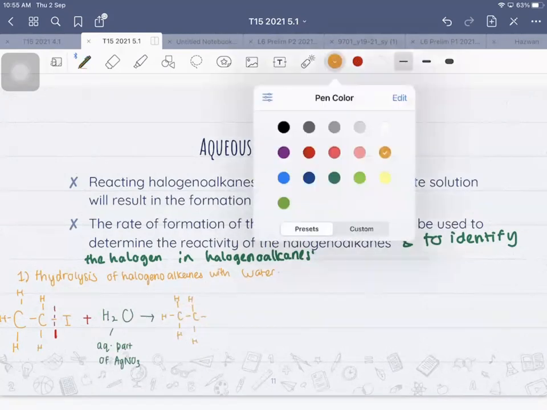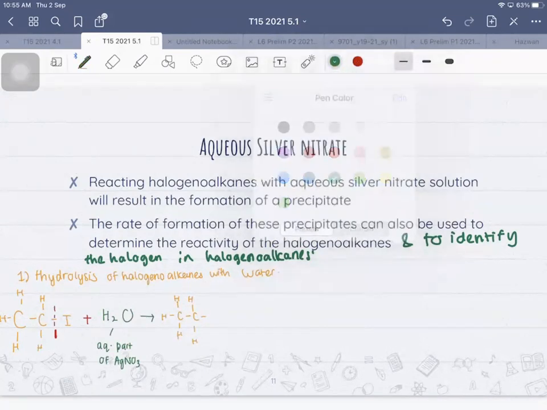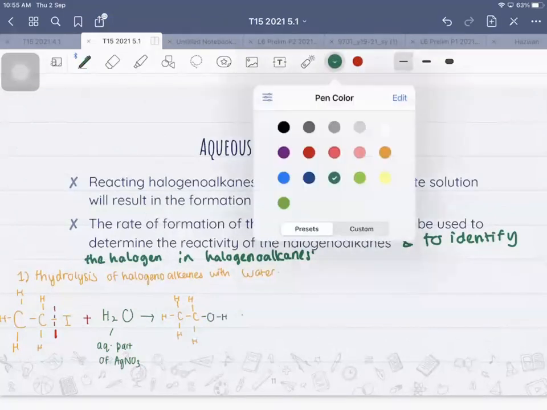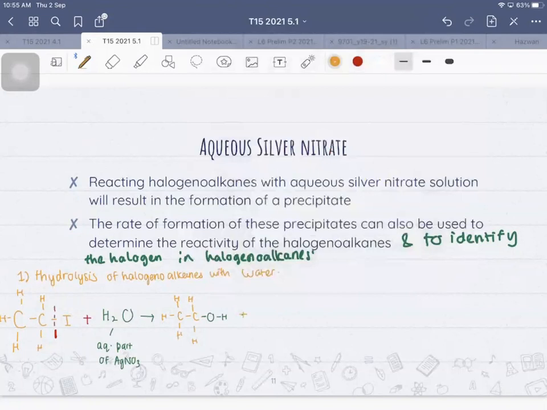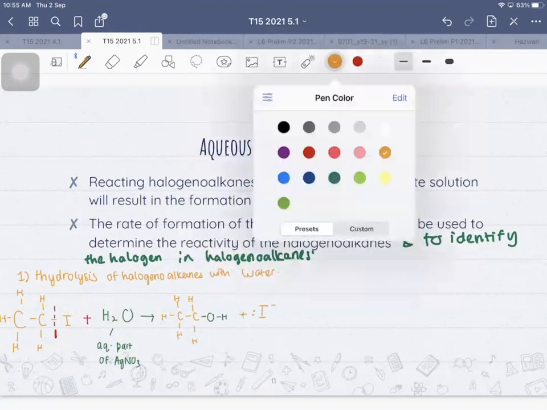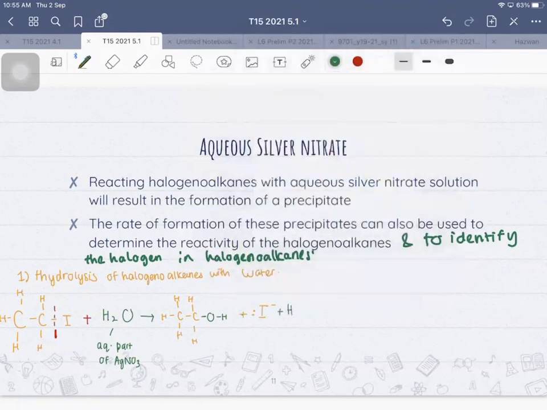The one that we're interested in is really your iodide ion, I minus, plus H plus.